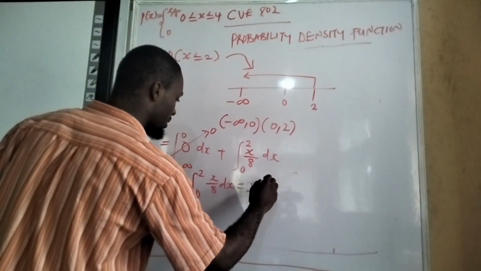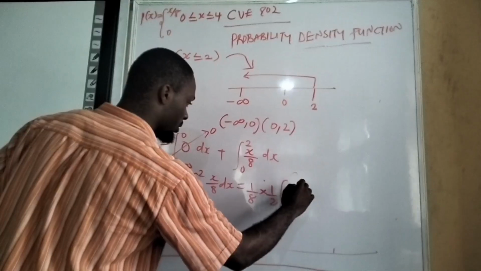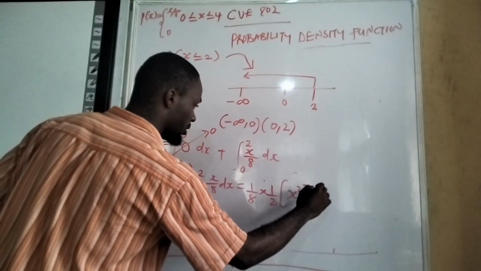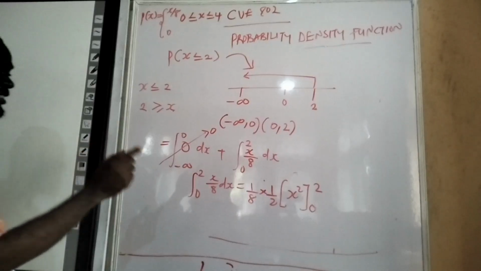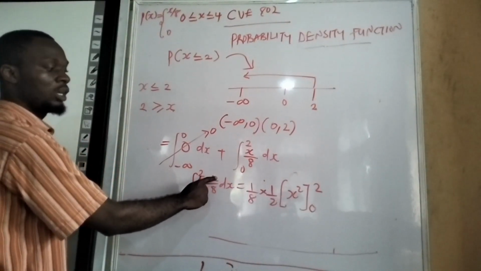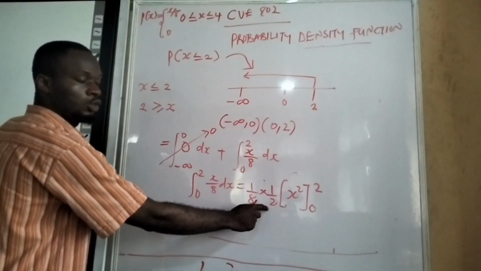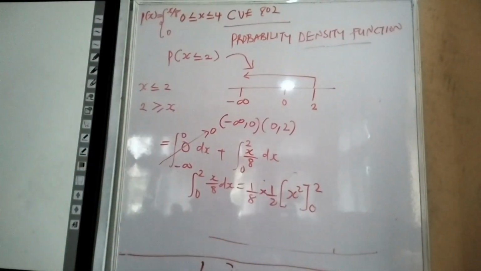So let's write the answer. You just have to integrate s. Done it before. If you integrate s, you get s squared over 2. You bring the 2 outside.